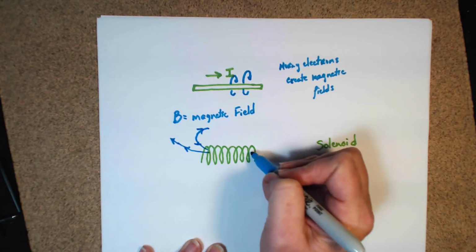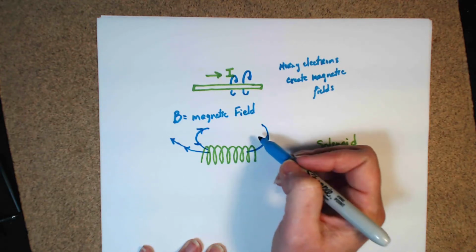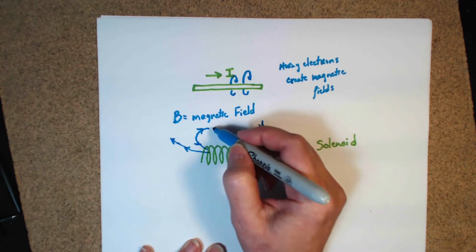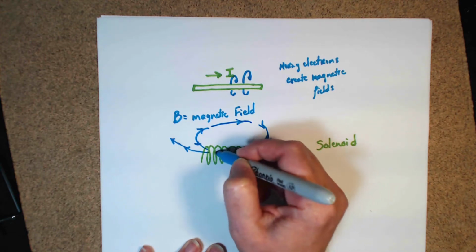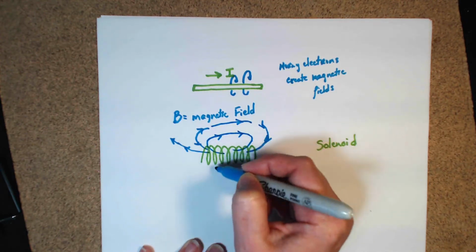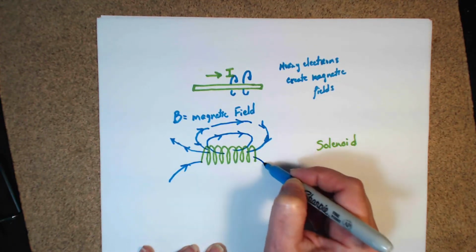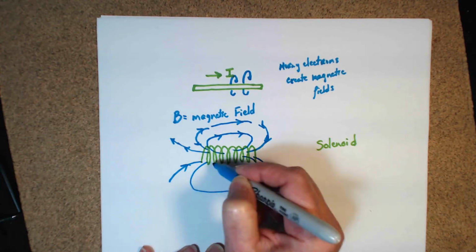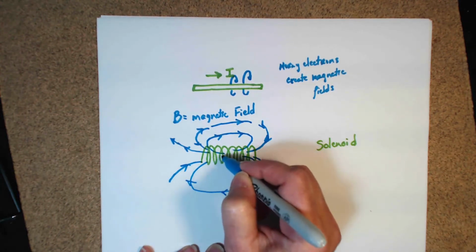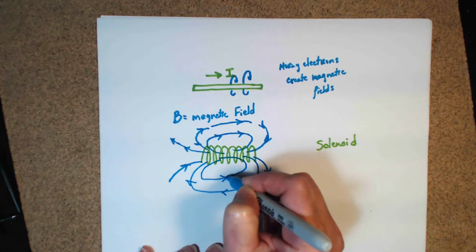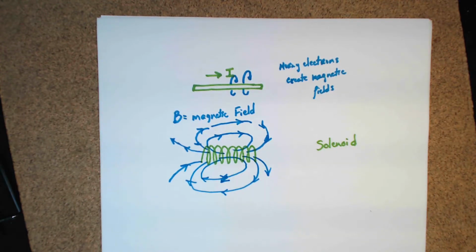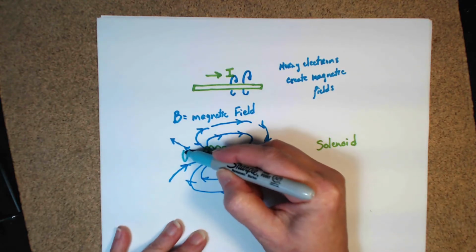So the magnetic field inside a solenoid is strong and nearly uniform. Solenoids are used in a lot of applications, and most of the appliances that you have in your home use these kinds of devices. One device that can be created with a solenoid is an electromagnet. An electromagnet is formed when a piece of iron is placed in a solenoid.